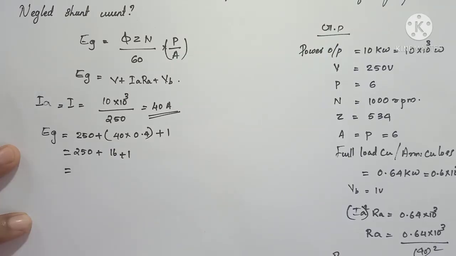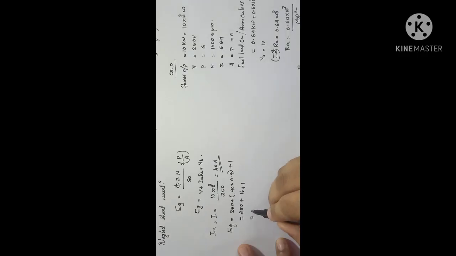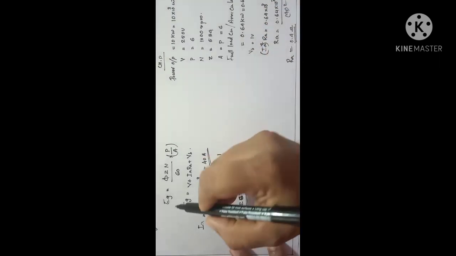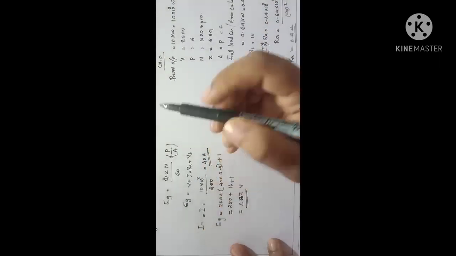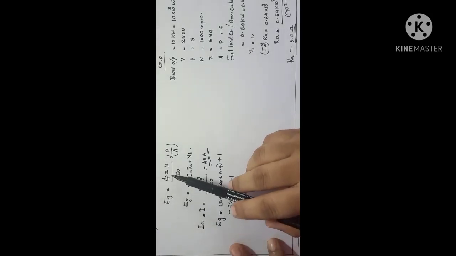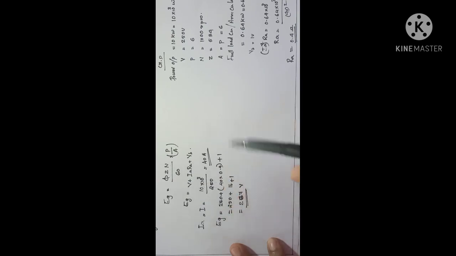We will get 267 volt. That is the generated EMF. So by using this equation we will get the value of flux. From this equation we can write the equation for flux.